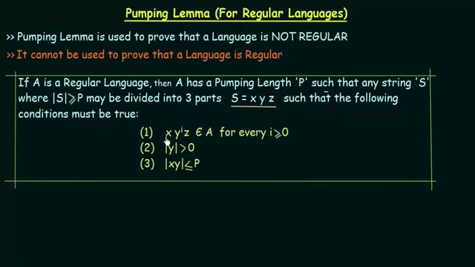And what are the conditions? X Y^i Z belongs to A for every i greater than or equal to 0.